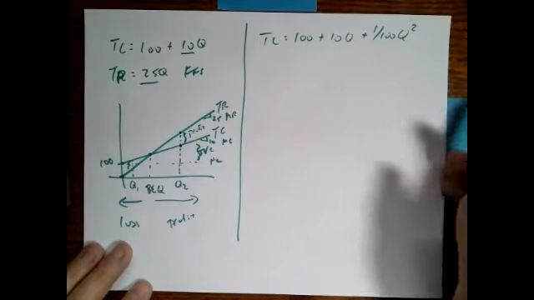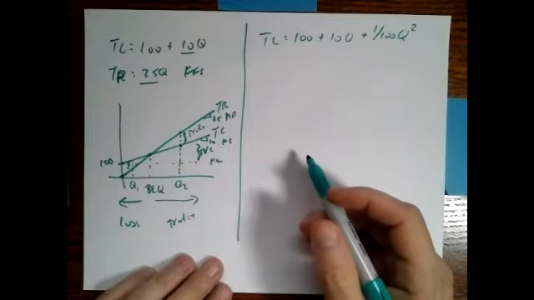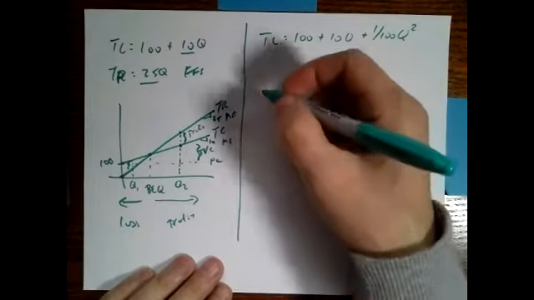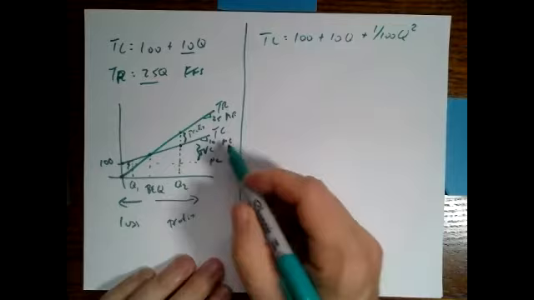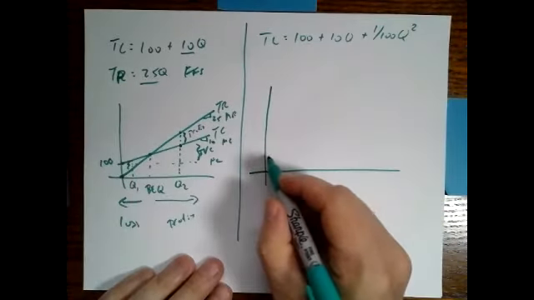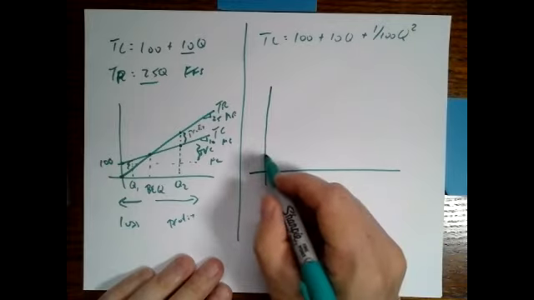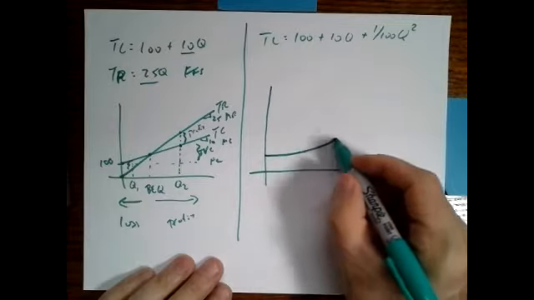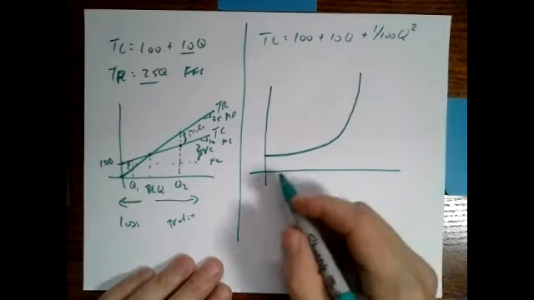So it's a small kicker. It might take a little while for it to kick in, but kick in it does, right? And so instead of having a linear cost curve, reality is a little more like an exponential cost curve. And so we're going to see something like this, right?